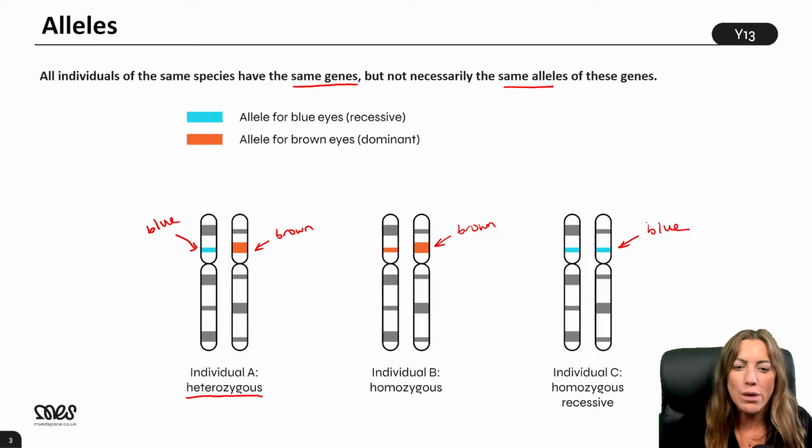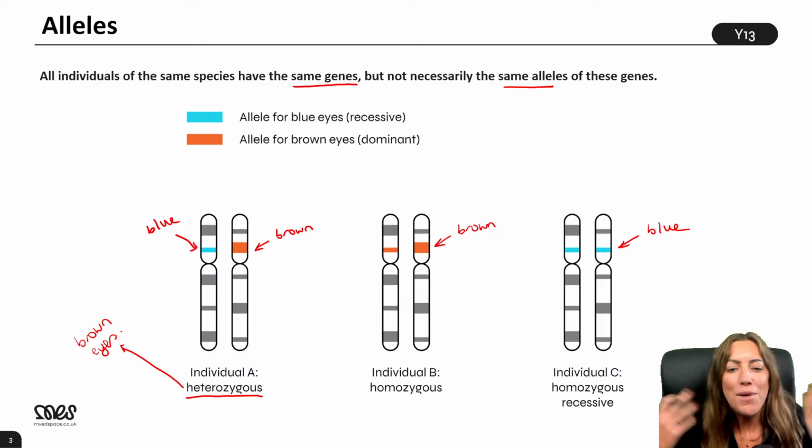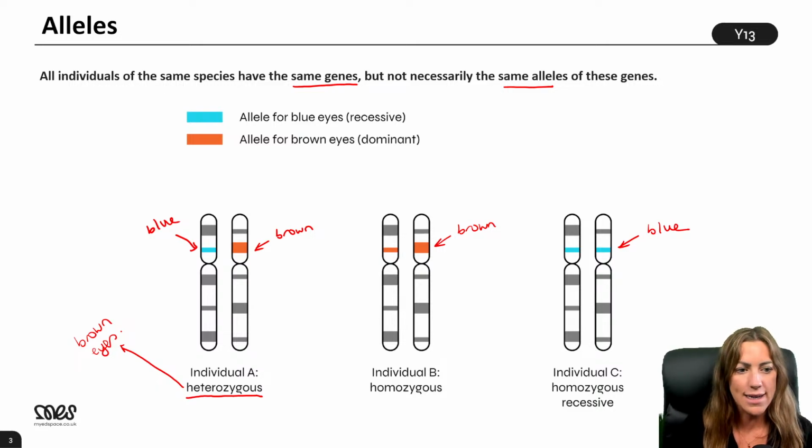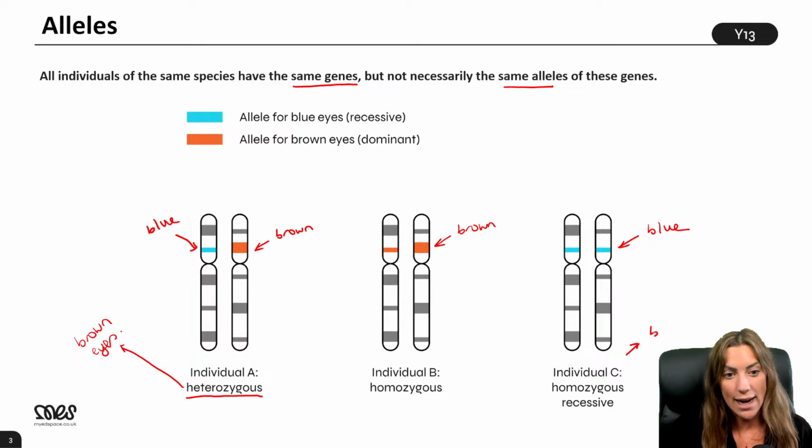We all know that brown is dominant, right? So this individual that's heterozygous, because they've got a dominant brown allele, they will have brown eyes because the dominant allele is always expressed if it's present, yeah? So that first individual there would have brown eyes, individual B would have brown eyes, individual C has got blue eyes because there's no dominant allele. So the recessive allele is expressed. Easy peasy, no bother.